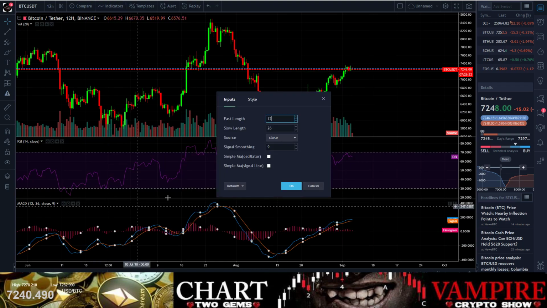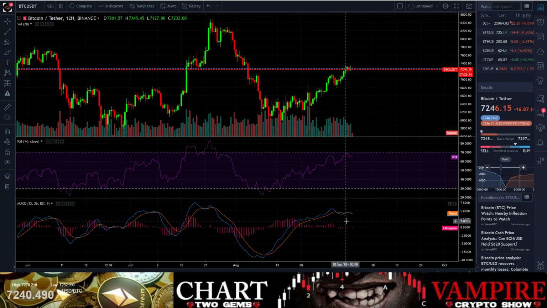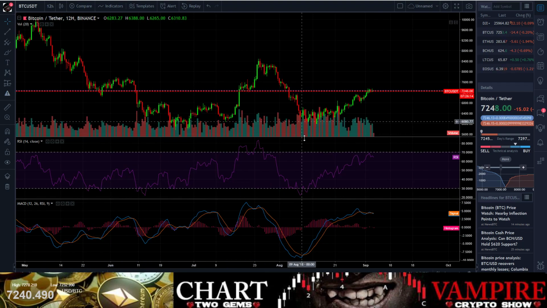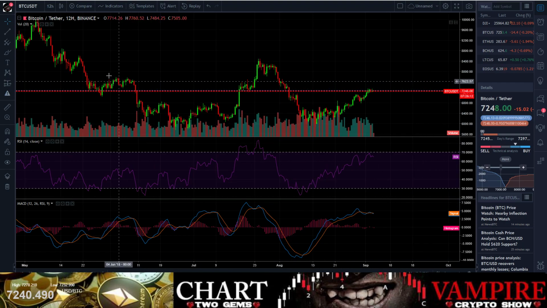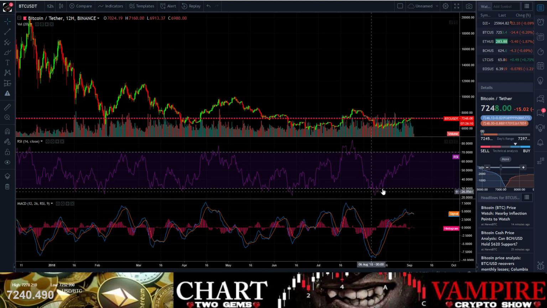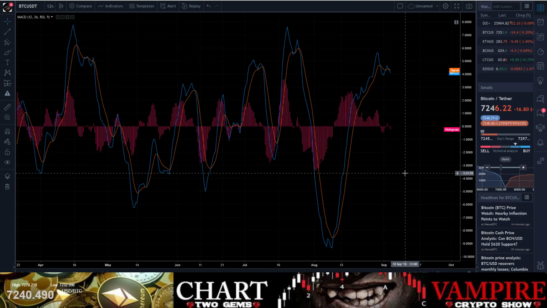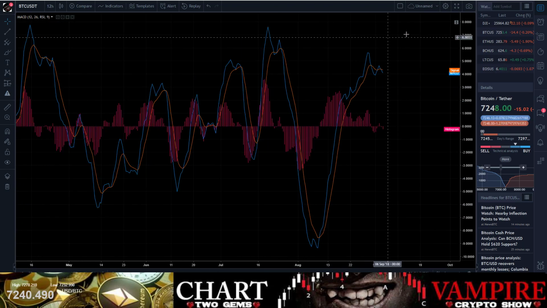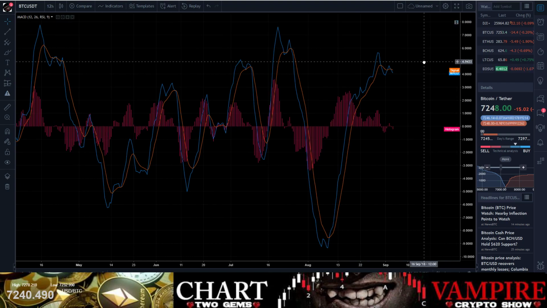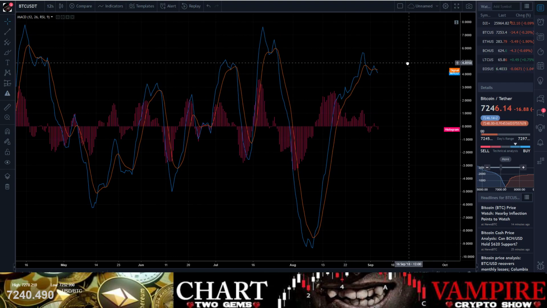Then you go to MACD, inputs, RSI. Now this changes this. Then we bring this up just like this. This is a pretty easy chart to find.